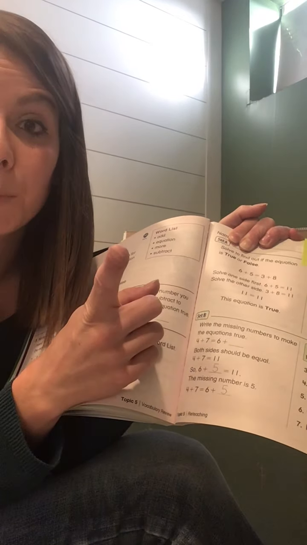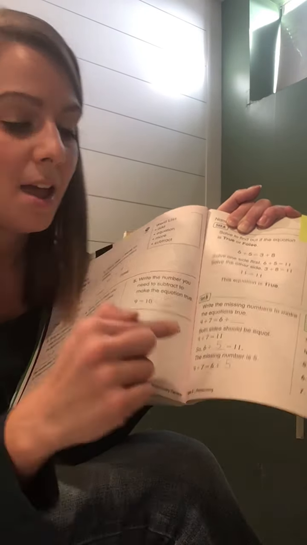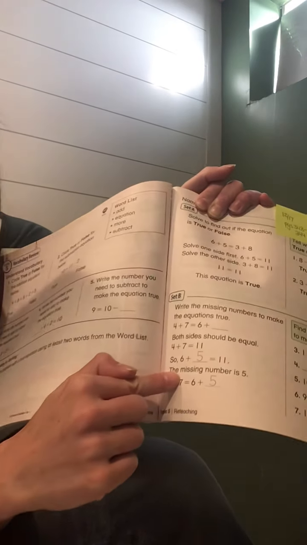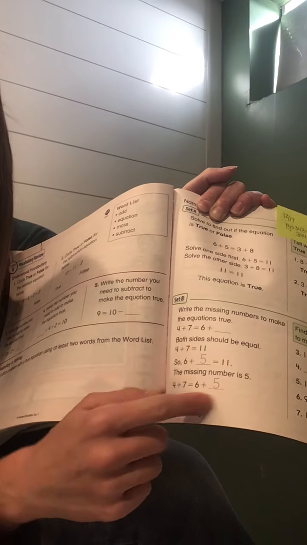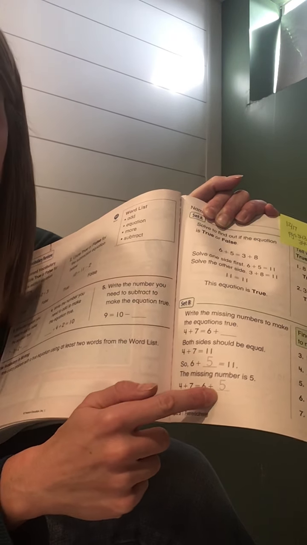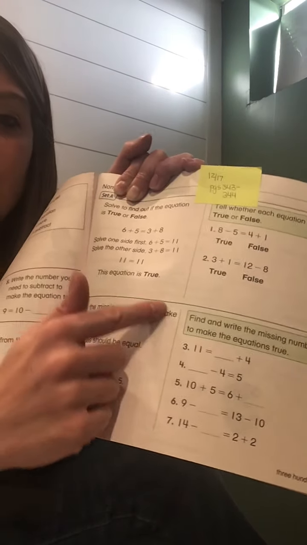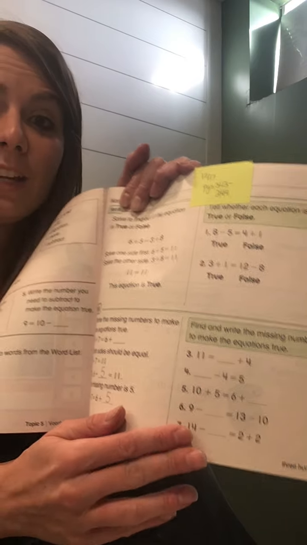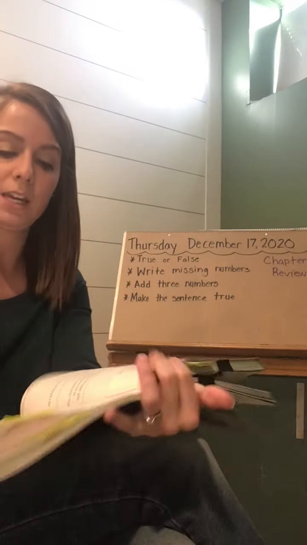You could count on with your number line, counters, quick pictures, and you can see that you need a 5 to equal 11. So the missing number is 5. 4 plus 7 equals 6 plus 5. There are several different spots over here for you to practice finding those missing numbers to make the equation true.